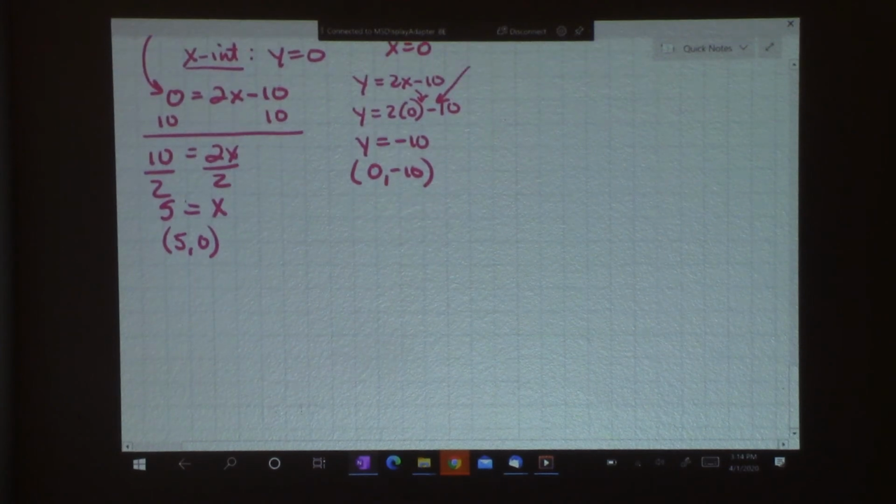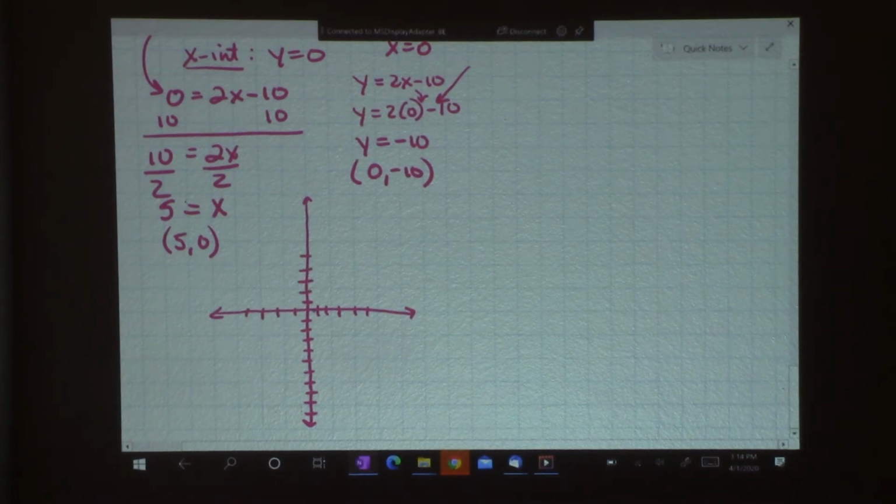So let's go ahead and graph that. I'm going to make the little dashes smaller to save space. 1, 2, 3, 4, 5, 6, 7. Add a little more. 8, 9, 10. And then 1, 2, 3, 4, 5.